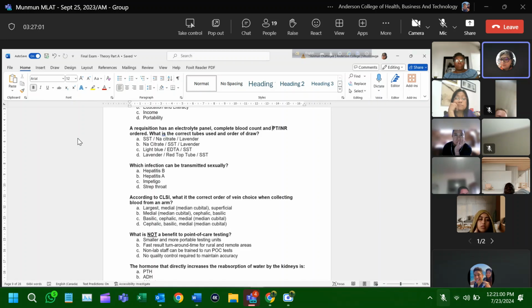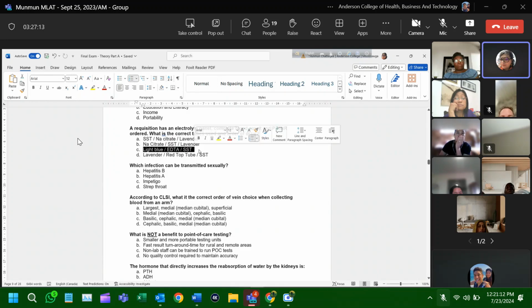Because you have to do the light blue first. See, this is very clearly sodium citrate. Majority of you are going to be confused by this one, light blue. But this is not the right answer because you have to do the SST. The serum separator tube is going to be after the INR, or the light blue tube, or the sodium citrate tube.